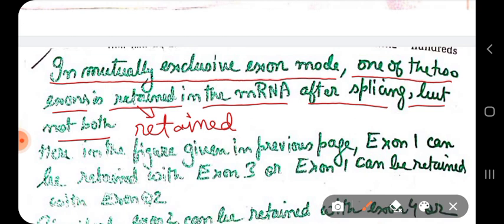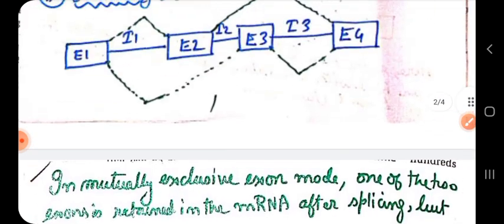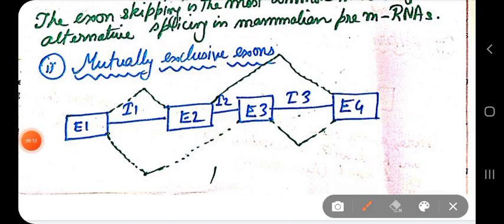Either this or that. I can say with the help of an example. So here, if you see in the figure, in this page, what does it say? In this figure, you can see that in mutually exclusive exons, exon number 1 can be retained with exon number 3.